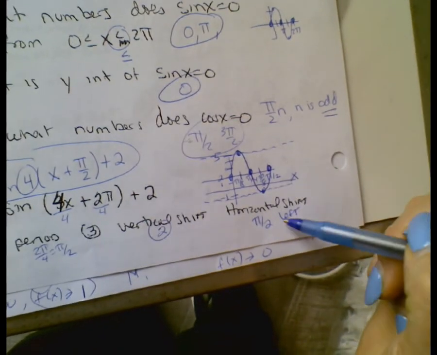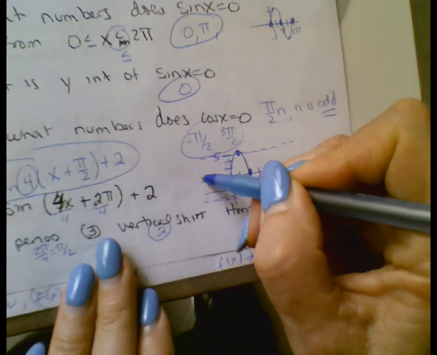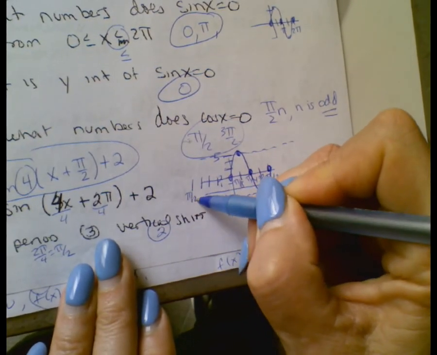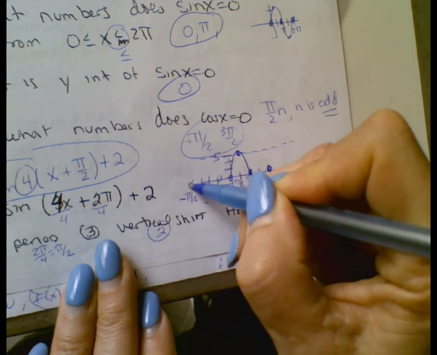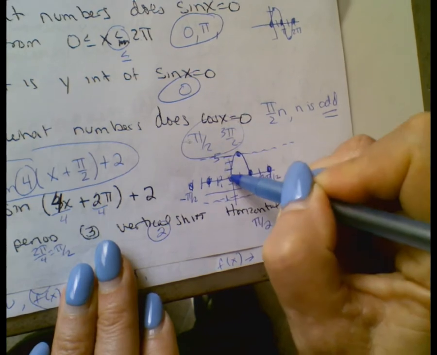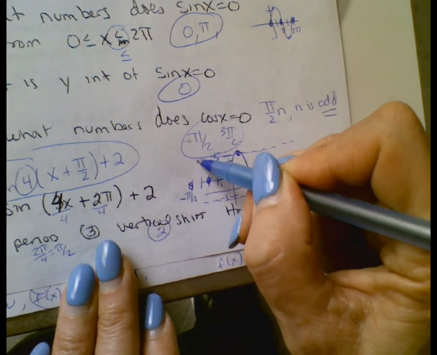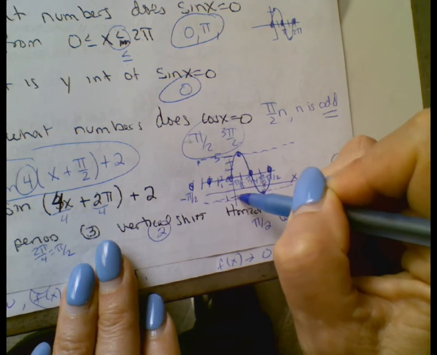So if you shifted this pi over 2 to the left, that would go here, this one would go here, and this one would go here. This one would go 4 hash marks, and this one would go 4 hash marks.